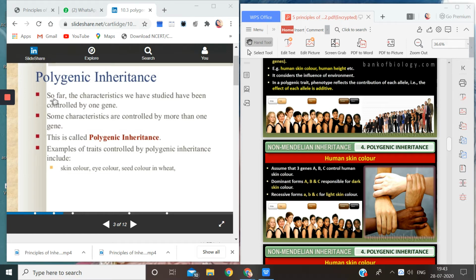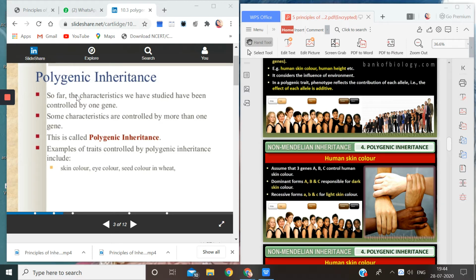Children, so far the characteristics we were studying were controlled by one gene, like the height of pea plants, the color of the pod, the color of the flower, or the shape of the pods. So each character depended on a particular gene.